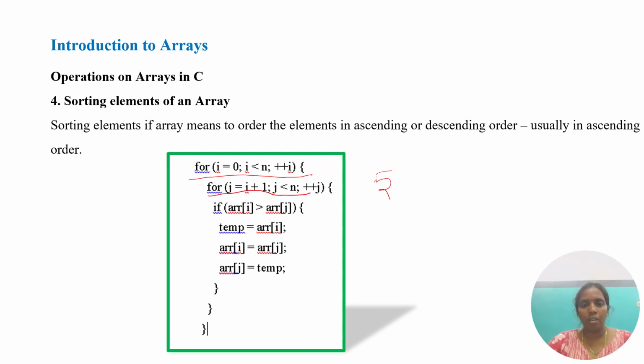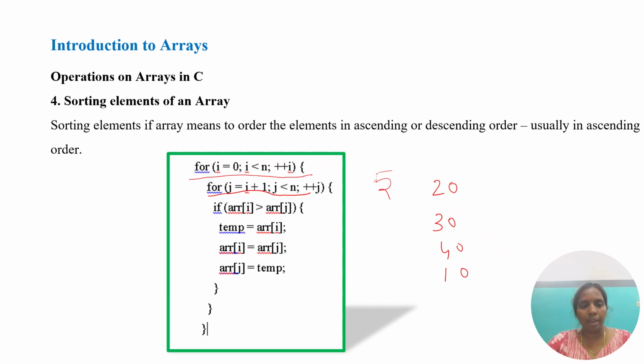The elements which we are going to give here are 20, 30, 40, 10. So there are 4 values if you want to sort these elements in ascending or descending order.